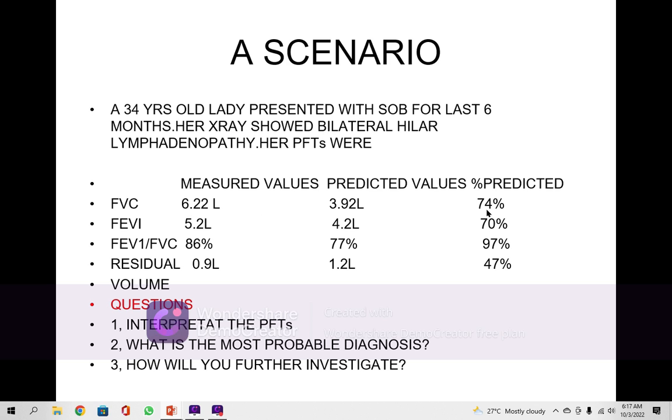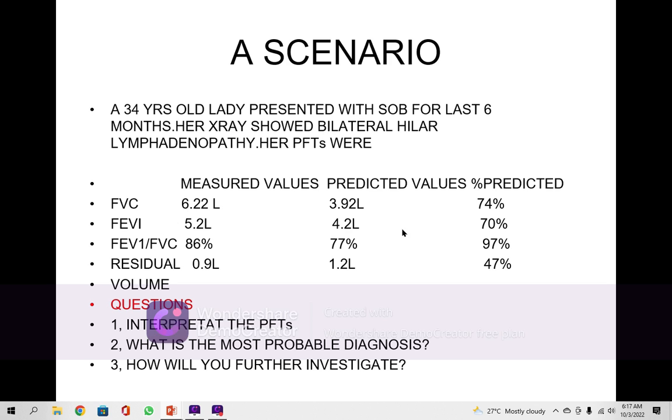It is 74%. The forced expiratory volume in 1 second, which is again spirometric, is 5.2 liters measured by spirometer. The predicted value, which is already taken, for example in Karachi, is 4.2 liters. This is the predicted value, it should be 4.2.